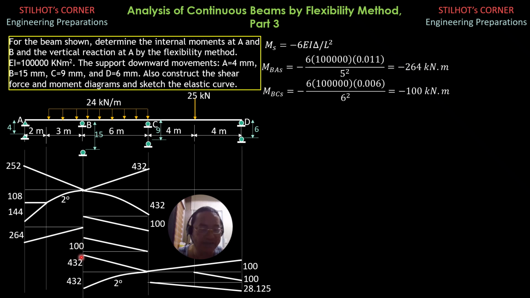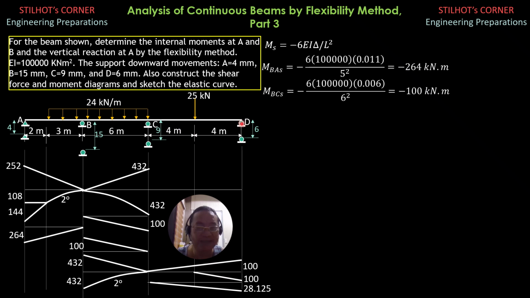That's why it is positive here. Then due to the uniform load, 24 times 6 times 3, it's still 432 second degree, and due to the reaction, 432. So this is the moment diagram by parts for the portion BC, with reference at C.